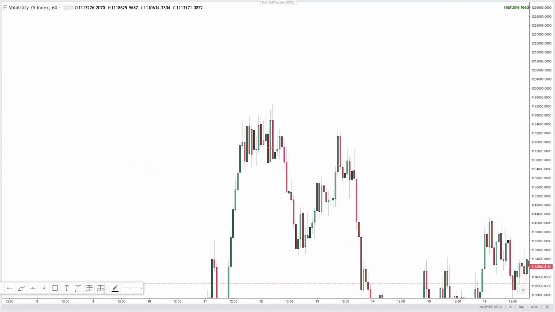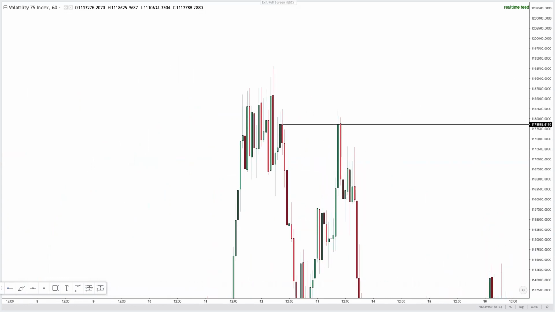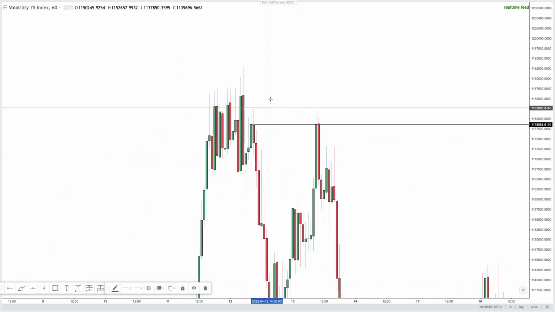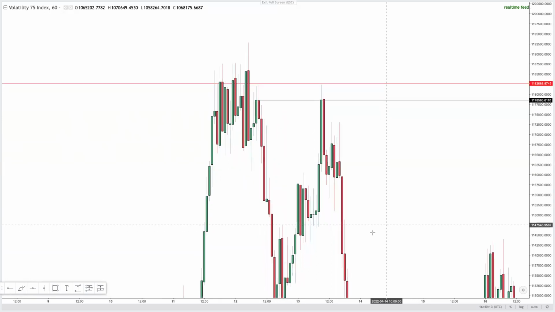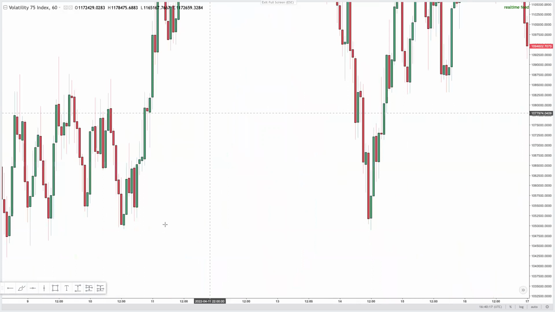So when you talk of stop loss, let's say our entry is right here. Our stop loss should be a few pips above our entry, like somewhere here. Okay, sir. Yeah, and let me look for another entry.